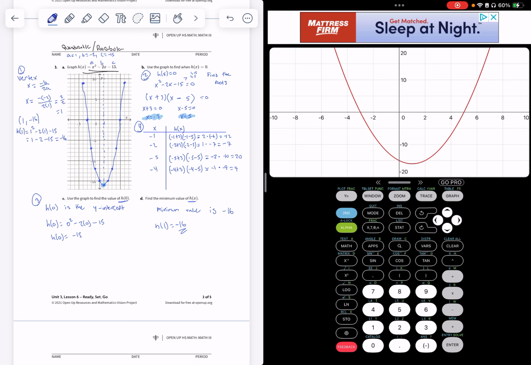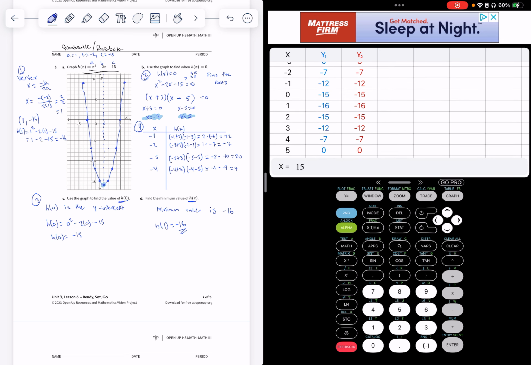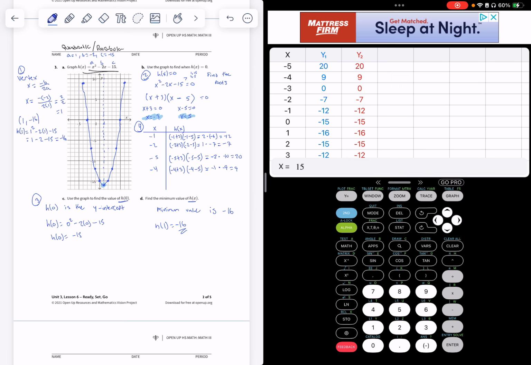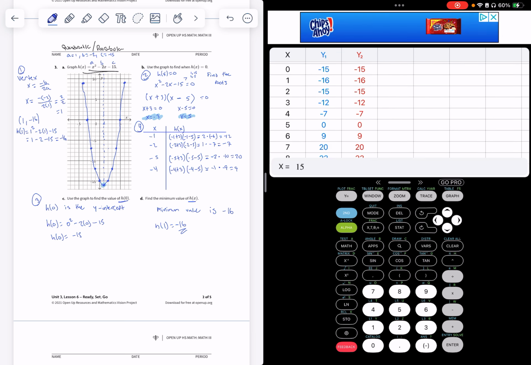You can go to the table, second graph, and it gives you all these values, right? So at negative 4, we were at 9, so that's good. Negative 3, we were at 0, good. Negative 2, we were at negative 7. So you can use these points as well to graph this. It all just does depend if we are using calculator or no calculator, okay?